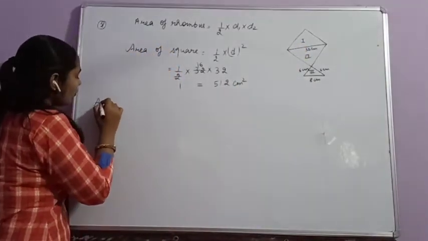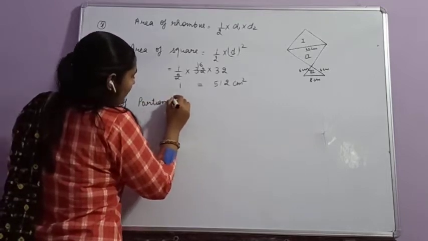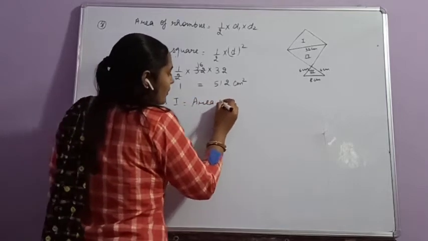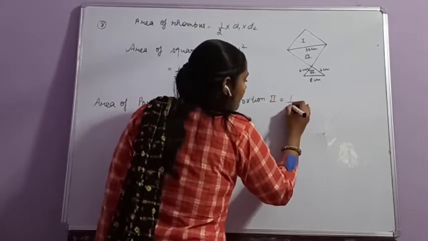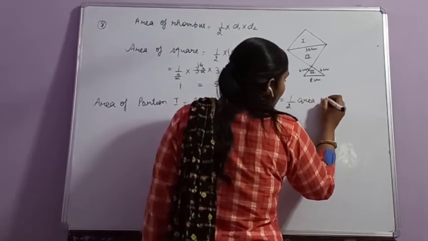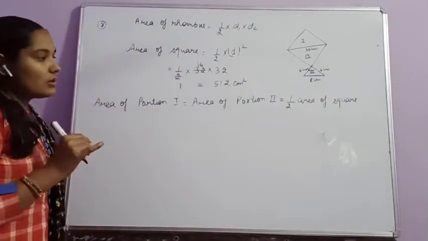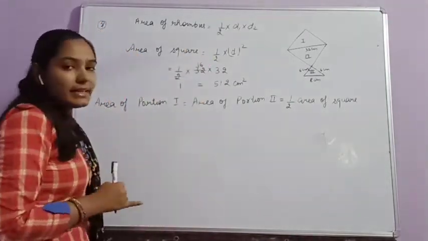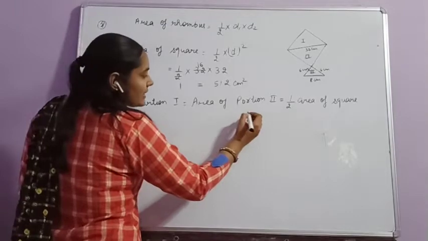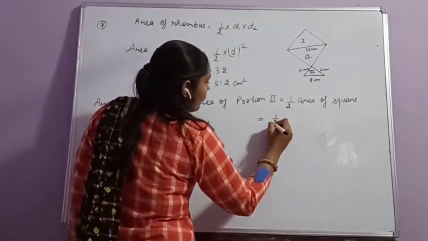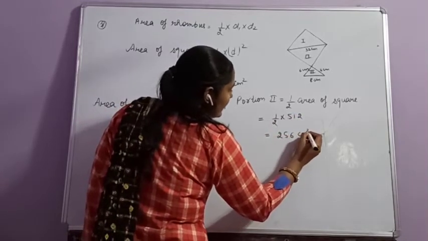Then the area of portion 1 is equal to the area of portion 2, which is equal to half of the area of the square, because the diagonal in the square divides it into 2 triangles and the area of both triangles is the same. Then the area of portion 1 is equal to the area of portion 2, which is equal to half of 512, that is equal to 256 square centimeter. Clear?